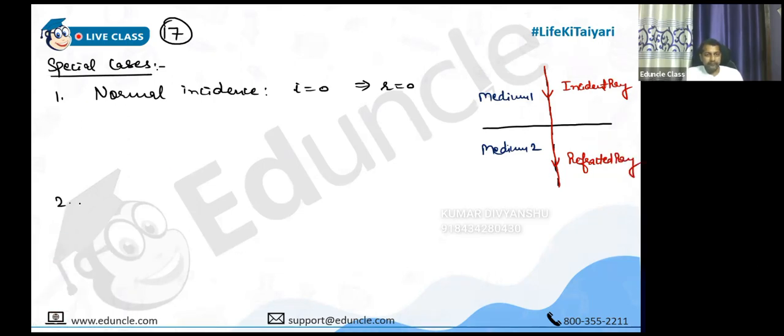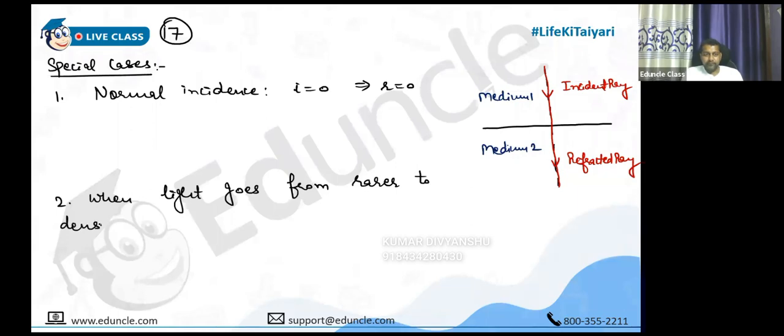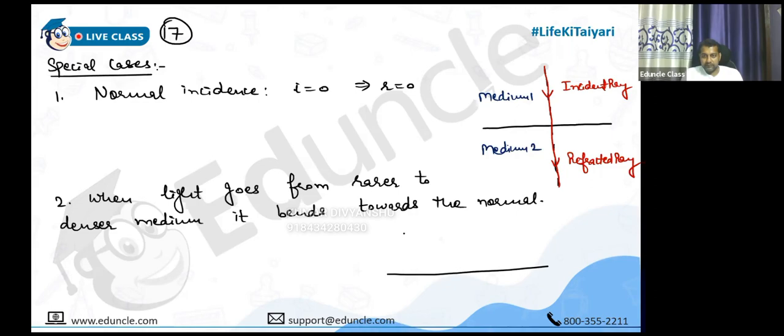Second case, when light goes from rarer to denser medium, it tends towards the normal. This should be the expected path, but it moves this way, and this is called deviation, delta.